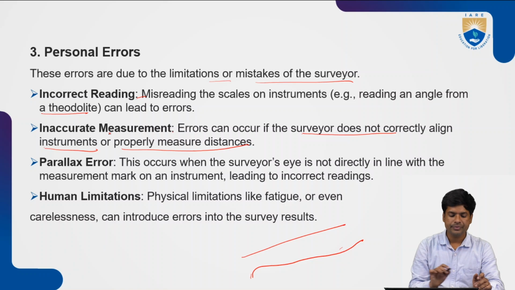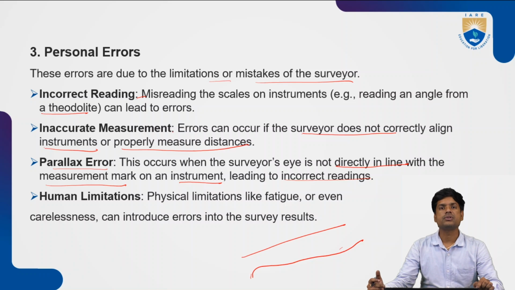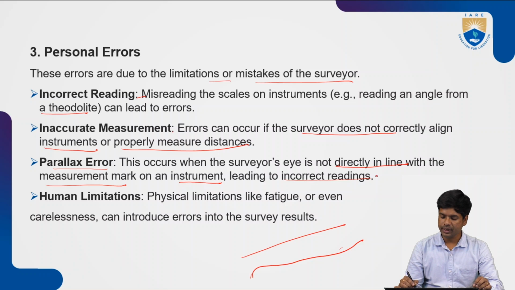That is inaccurate measurement. And next one, parallax error. This occurs when the surveyor's eye is not directly in line with the measurement mark on an instrument, leading to incorrect readings. If the line of sight is not aligned with the center, then also you are going to get the error.